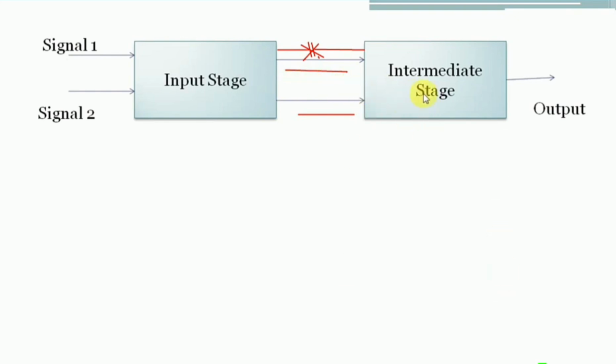Since the intermediate stage has some operating point for the transistors, because of the additionally added DC signal with the incoming signal, the operating point of the transistors used in the intermediate stage will change. This means it will not be in the active region, so the amplification will not happen.